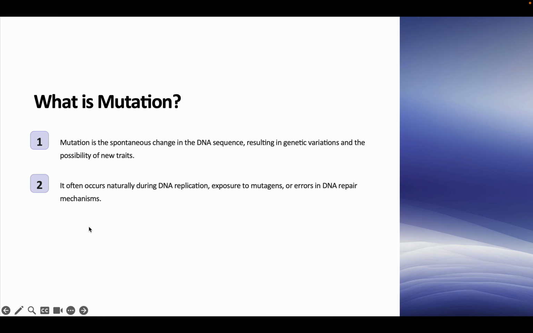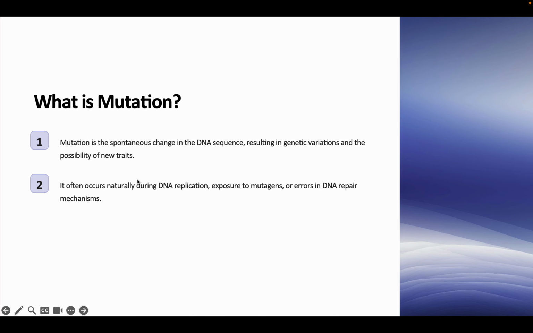And it can occur during DNA replication, because the enzymes that do the DNA replication have an error rate, and sometimes during replication mistakes can happen. It can be exposure to some mutagens, like some chemicals in the environment, or the DNA repair mechanism.